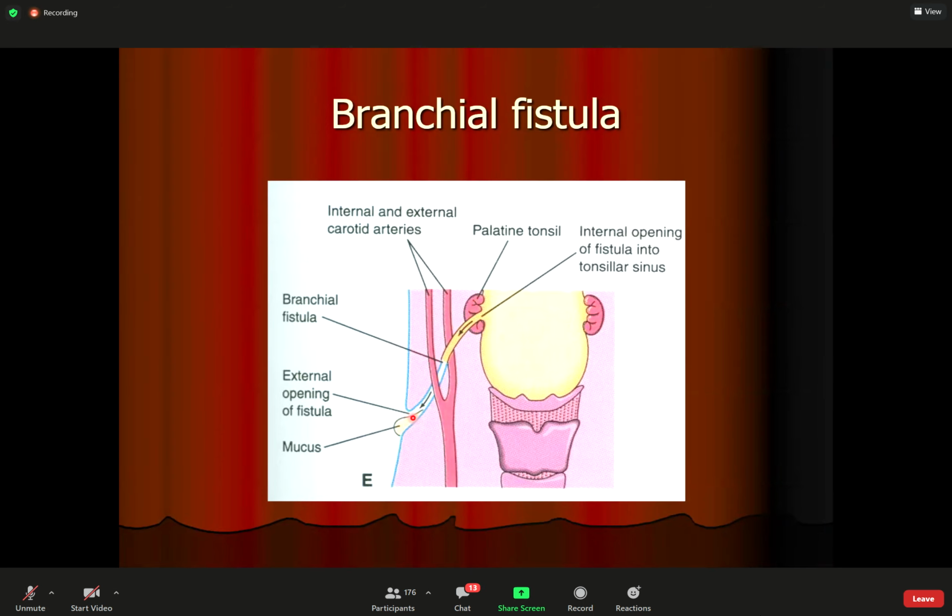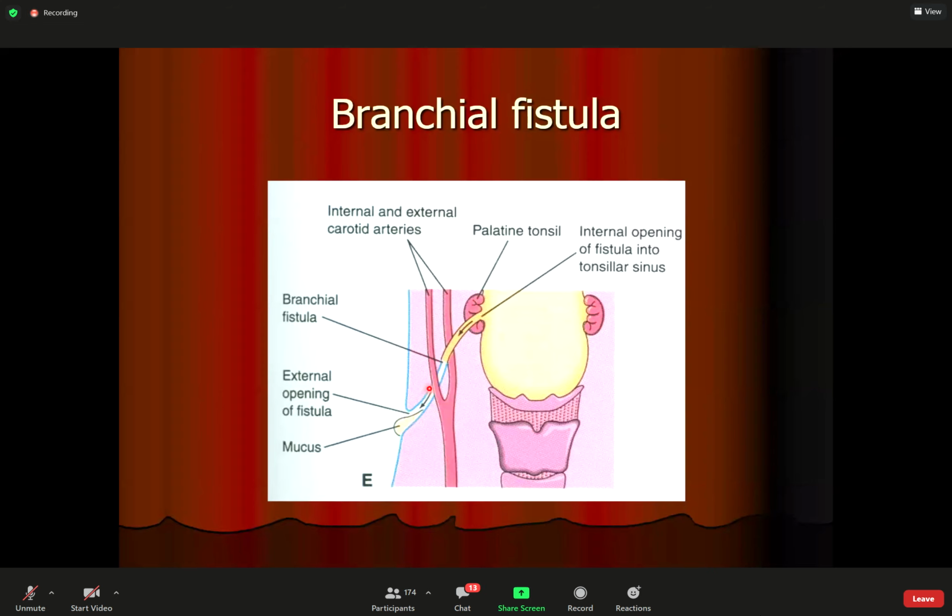Remember, I showed you already the branchial fistula. If something is coming out, it is a branchial fistula. Or a branchial cyst could be there, if it is swelling and not coming out. But it is very close. The neck is very close to pharyngeal pouch number 2 or number 3. So anything can happen on the neck.